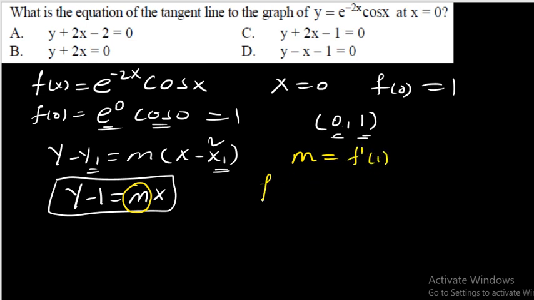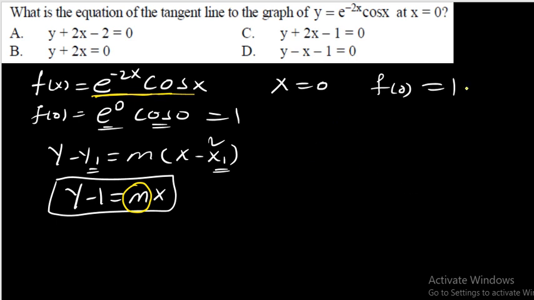So let's differentiate the function. What will be the derivative of this function? We have to apply the product rule here, because there are two functions combined by multiplying. Don't forget, we need to find the derivative at 0, not at 1.